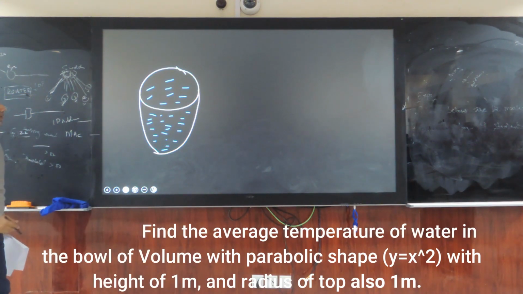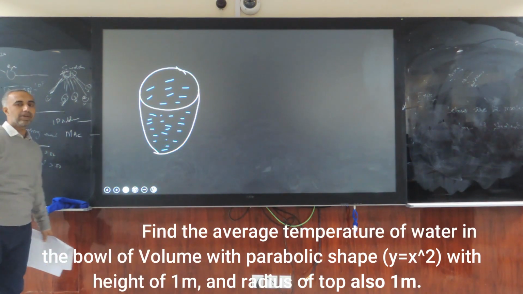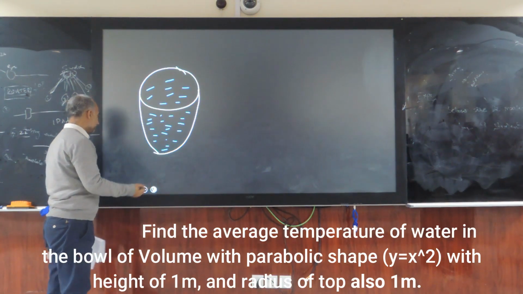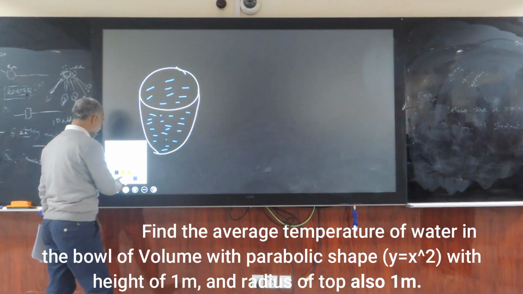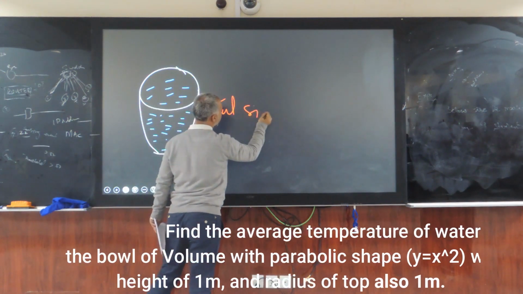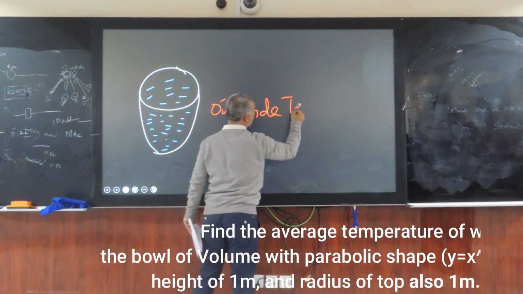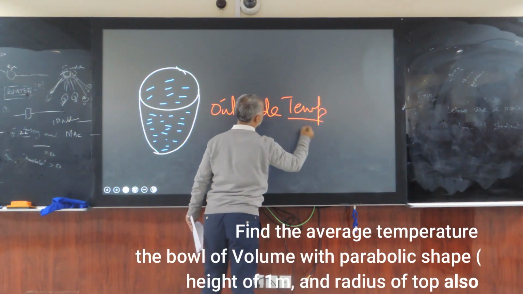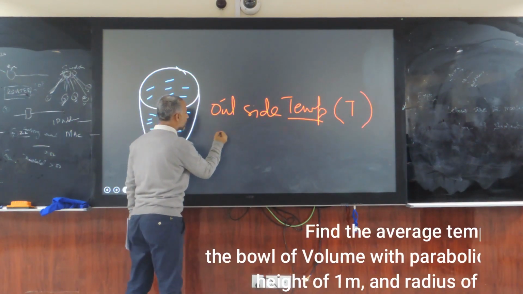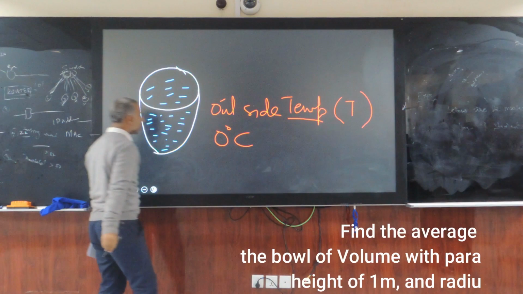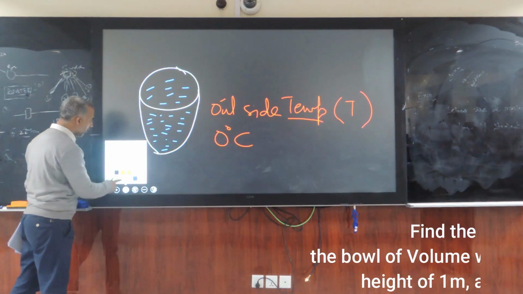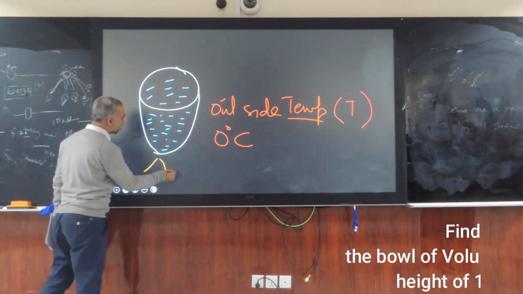Suppose it's very cold weather like nowadays, it's winter, and the outside temperature is almost 0 degrees centigrade. Let me represent temperature with capital T. So it's 0 degrees centigrade outside at normal atmospheric pressure. We want to boil this water.